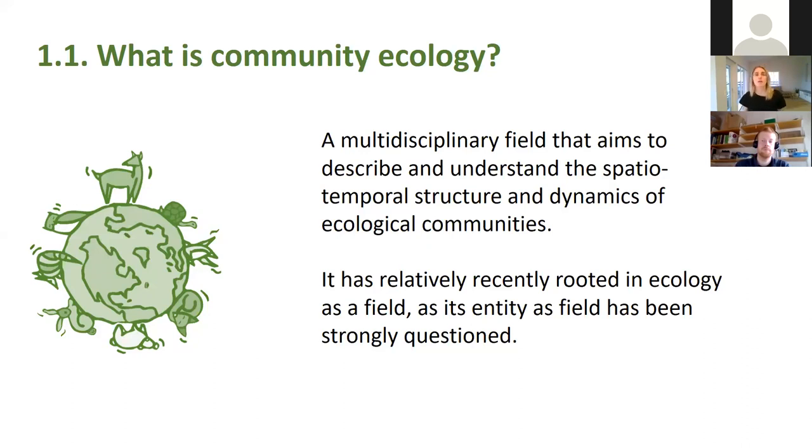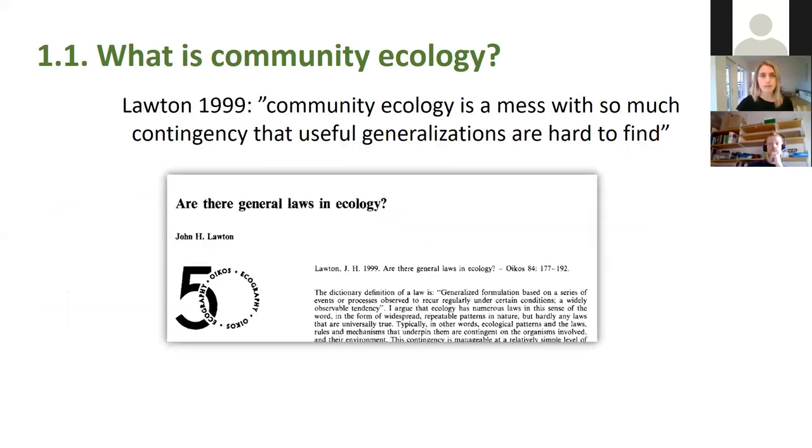However, community ecology as a field has relatively only recently rooted in ecology, and its entity as a field has been strongly questioned. In fact, one of the most influential papers in community ecology is that one by Lawton in 1999 that heavily questions community ecology as a field.